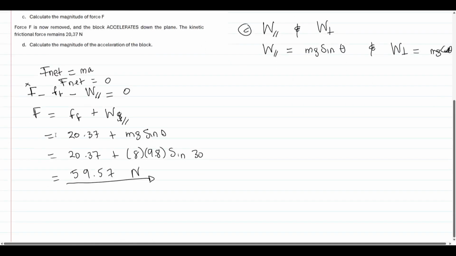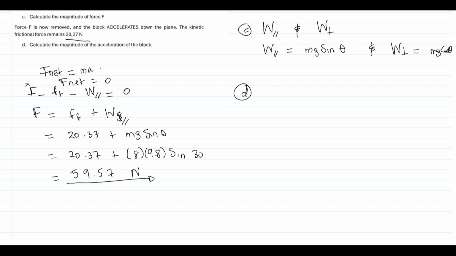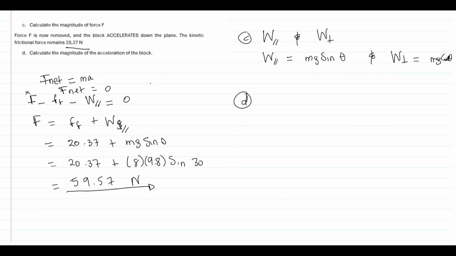And then we move to D. In D, it says force F is now removed, and the block accelerates down the plane. The kinetic friction force remains as 20.37 newtons. And we need to calculate the magnitude of the acceleration of the block.